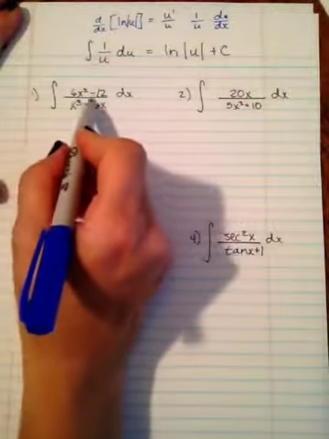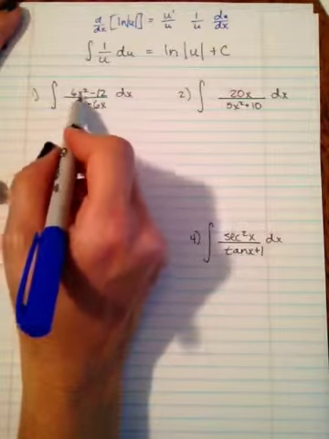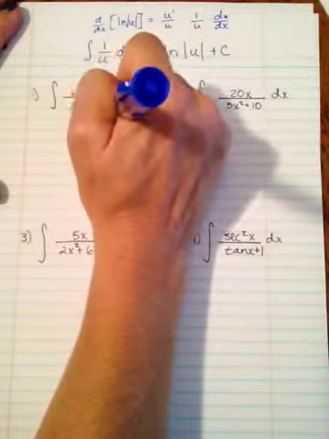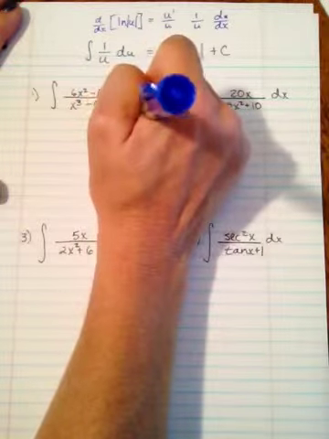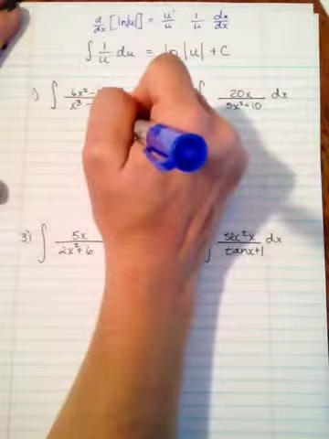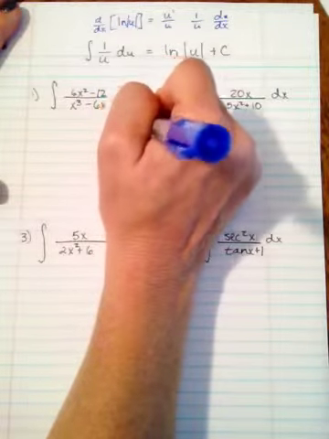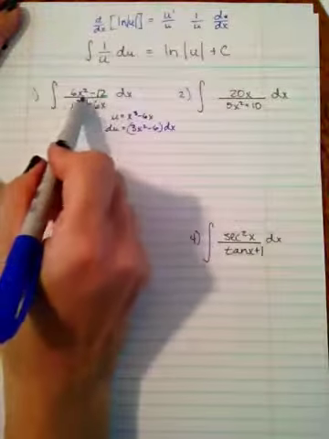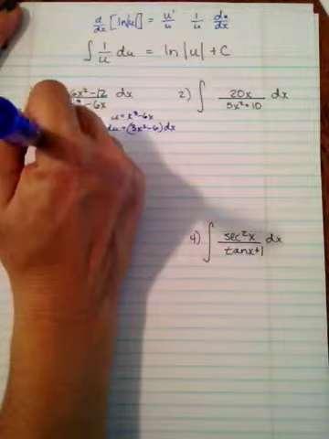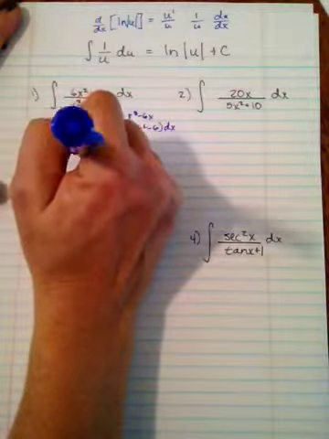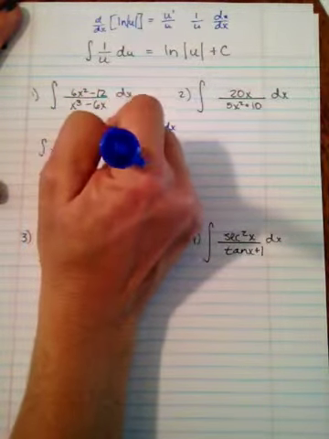For this one, these are u substitution. And because the higher power is on the bottom, I'm going to choose that as my u. So u equals x cubed minus 6x. So my du will equal 3x squared minus 6 dx. So this is my u piece. So this is the integral of 1 over u. And then I still have a 6x squared minus 12 dx.